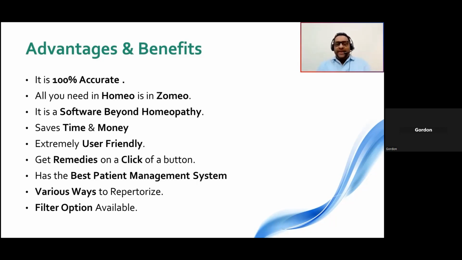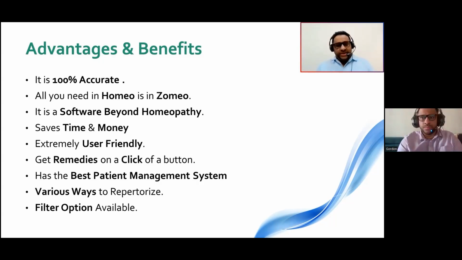One more time, extremely user-friendly. Look, we want something. We are not computer engineers, are we? We're talented and amazing homeopaths, right? As a homeopath, your homeopathy knowledge may be immense. You may know a lot in homeopathy, but it's not necessary that you are a 10 on 10 with computers.